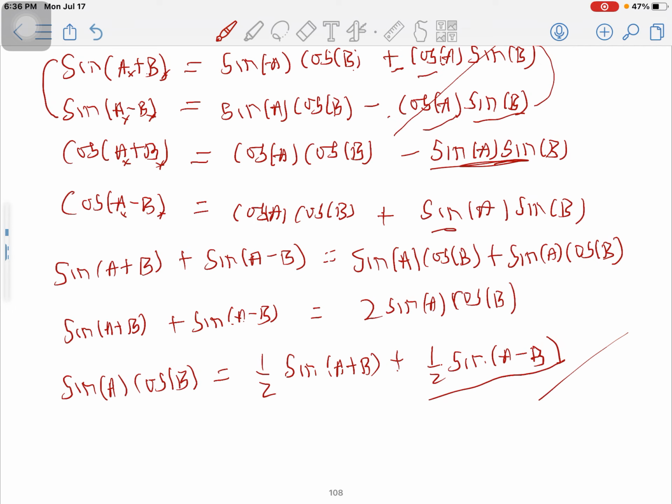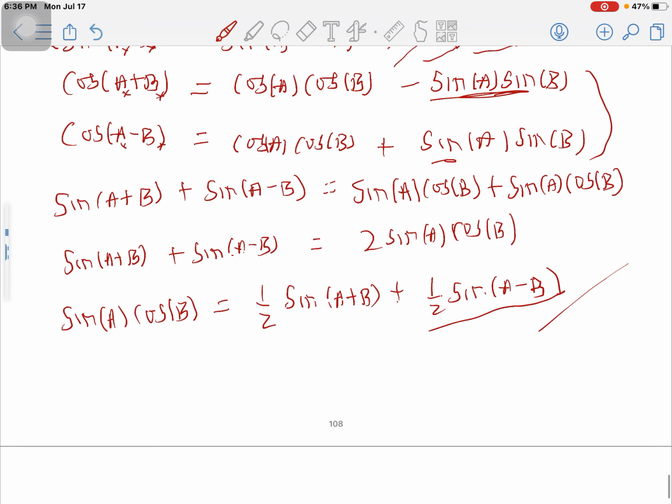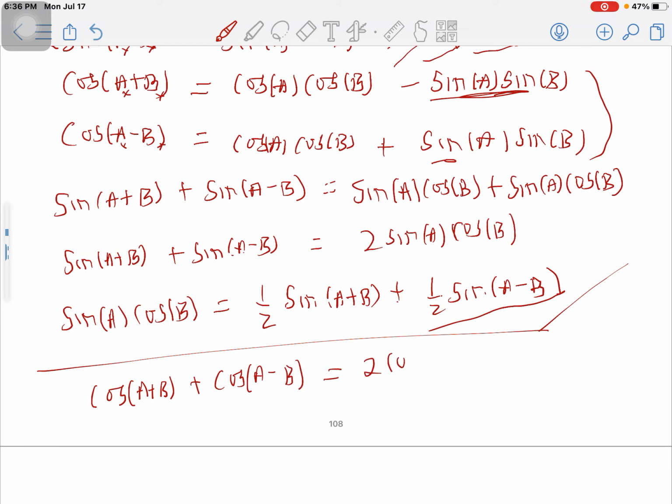If you want cos a cos b too as well, here is negative, here is positive, so they will cancel out. And then at the end of the day, when you add the other one, we are going to get cos (a plus b) plus cos (a minus b), which is equal to 2 cos a cos b.